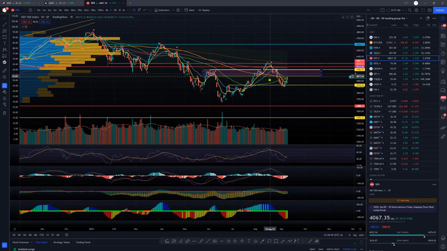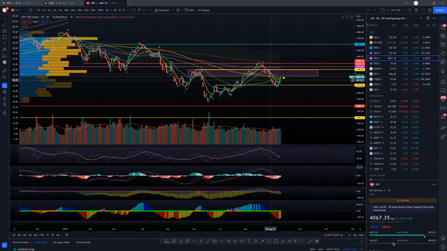But if the CPI number is cool enough, it could trigger a short squeeze because there are a ton of people shorting right now. The put call ratios are extremely high at the moment, and it's a very high short percentage. So whenever there are a lot of people buying puts, the markets tend to squeeze them, right?